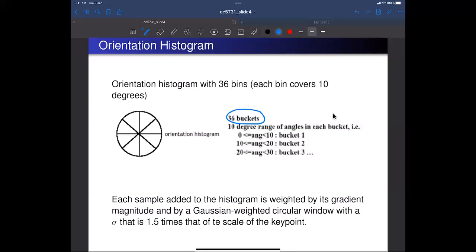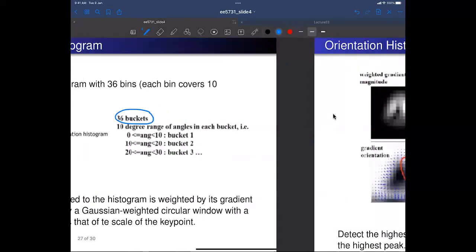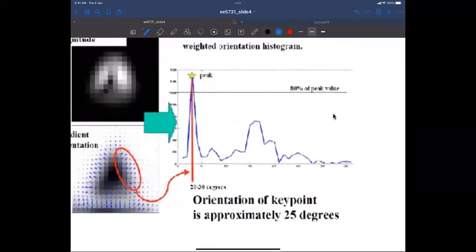Okay, so based on this histogram for that 32 by 32 or 16 by 16, then we will have a histogram. How many bins? 36 bins.